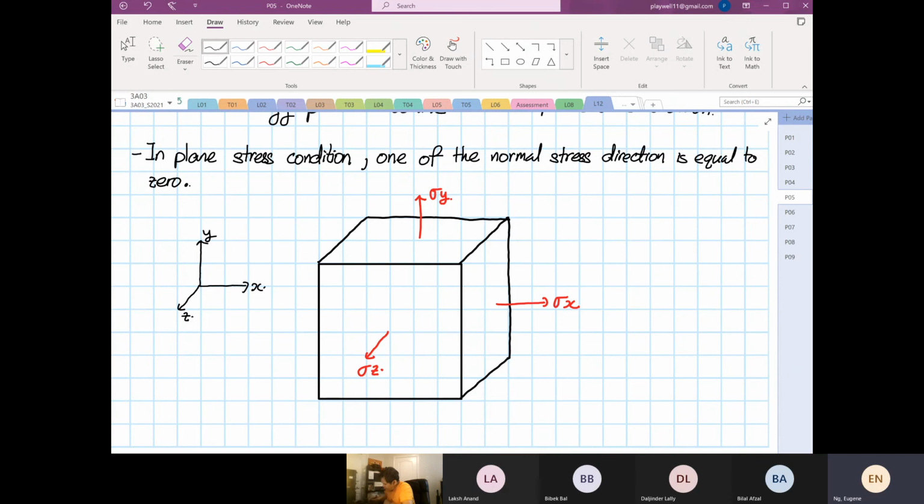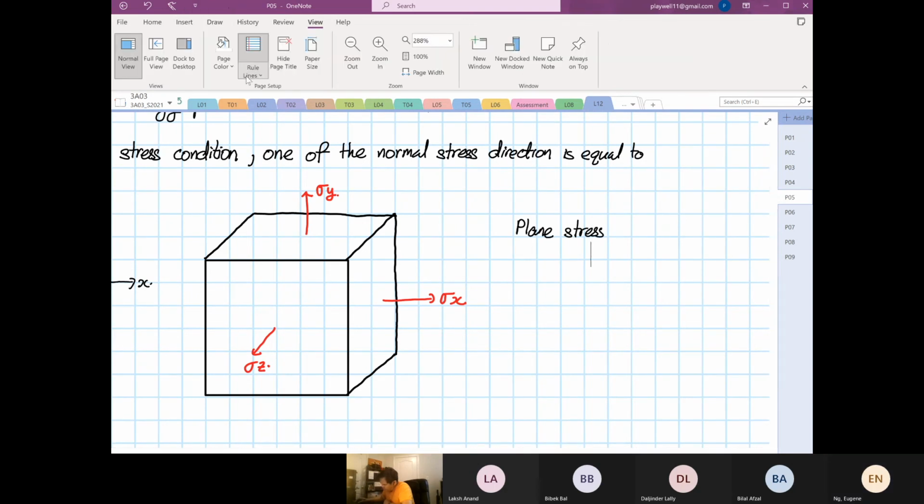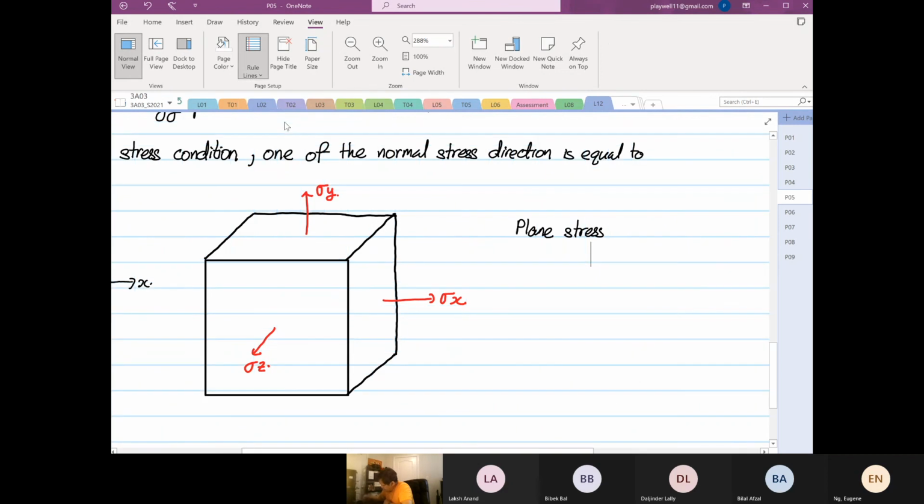So in plane stress condition, there are three situations. One is where stress X and stress Y are not equal to 0, but stress Z is equal to 0.